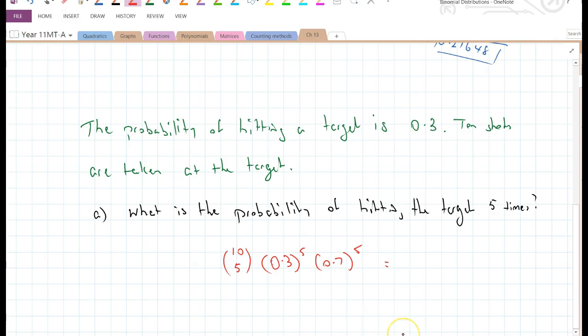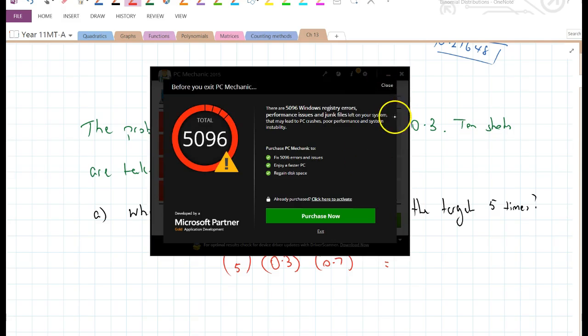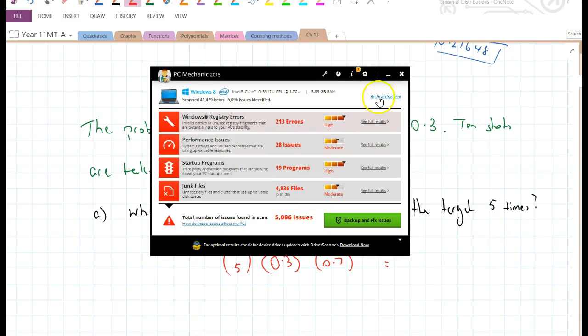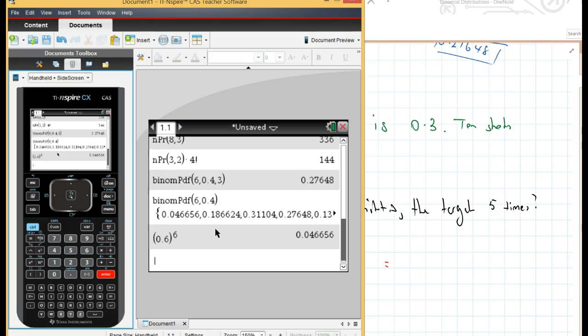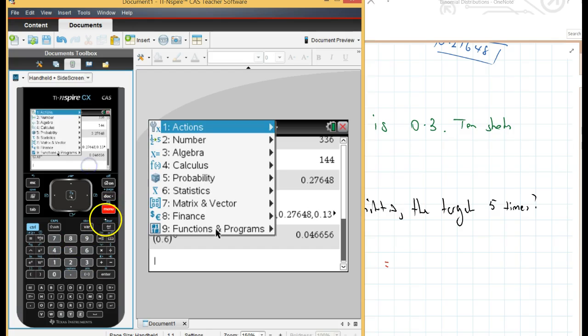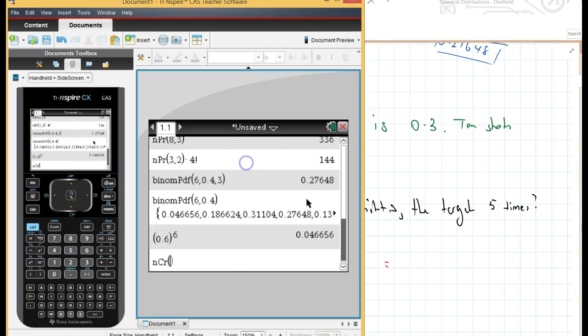We might even do that. 10, 5, so don't know what that's doing. Go away. Extraordinary behavior. 10C5. So we'll go in here, probability, combinations.